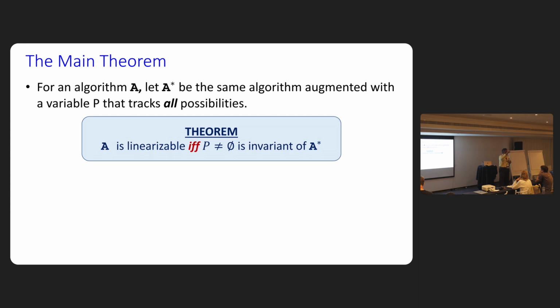If that run was linearizable, then just imagine the possibility you would have been left with if you started with the initial possibility and went according to the run. So that possibility would surely be in the set, and therefore the set would not be empty. That's not a proof, but there's a formal proof, but you can argue it out. You can intuit on it, and then you can look at it.